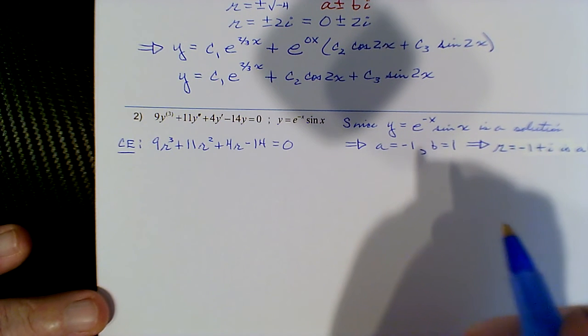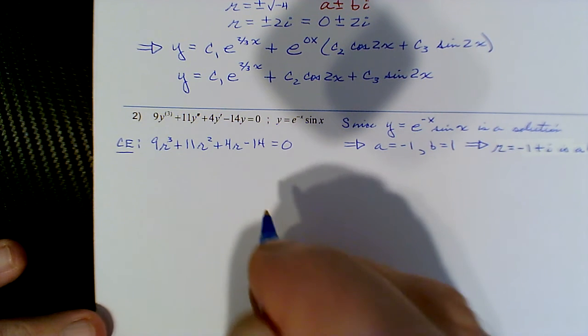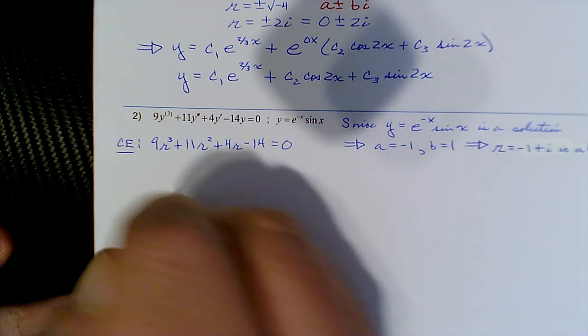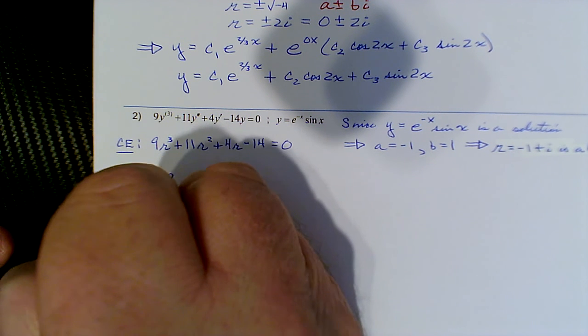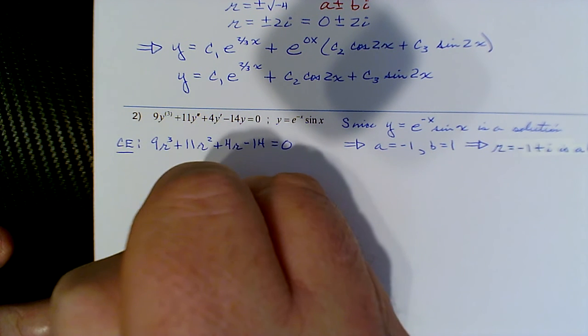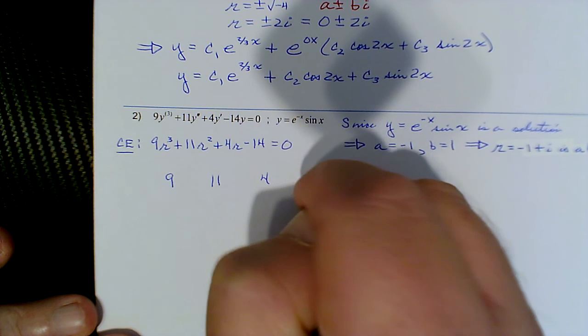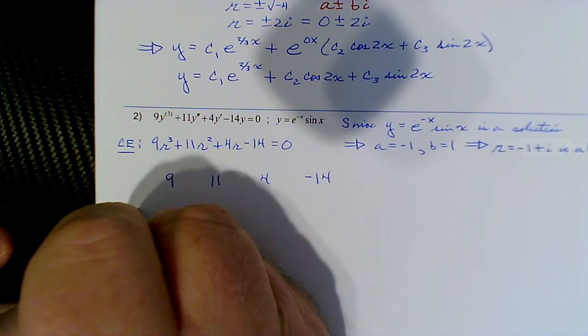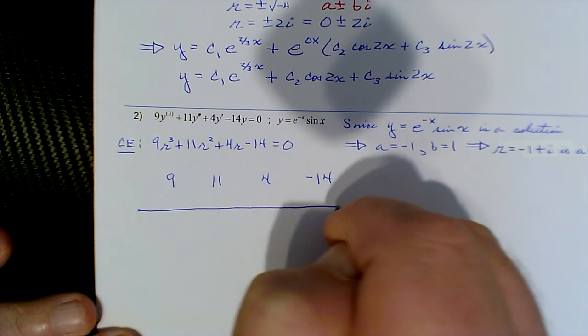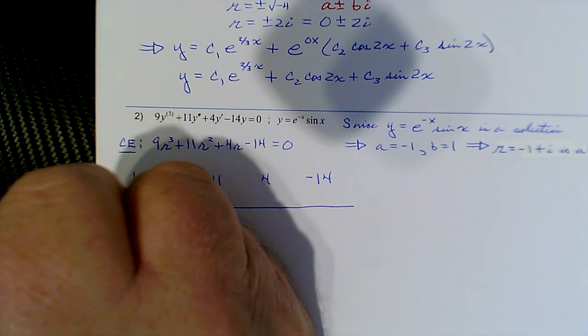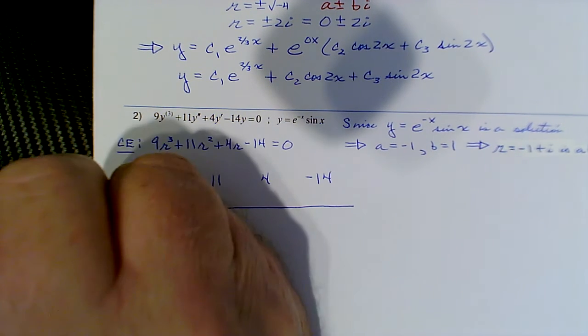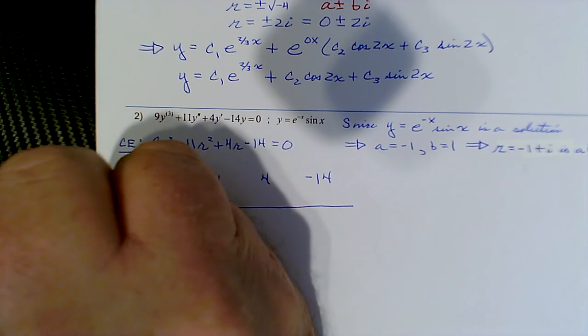And we'll start this with synthetic division by peeling off the coefficients 9, 11, 4, and -14. Leave a space for some entries, my addition bar, and the root in the upper left, which is -1 plus i.